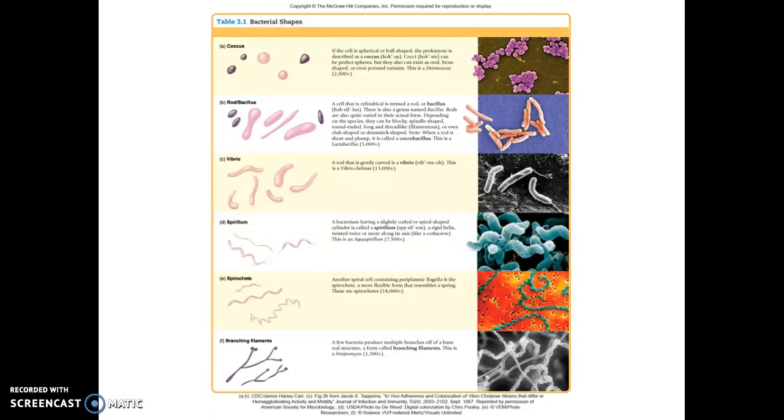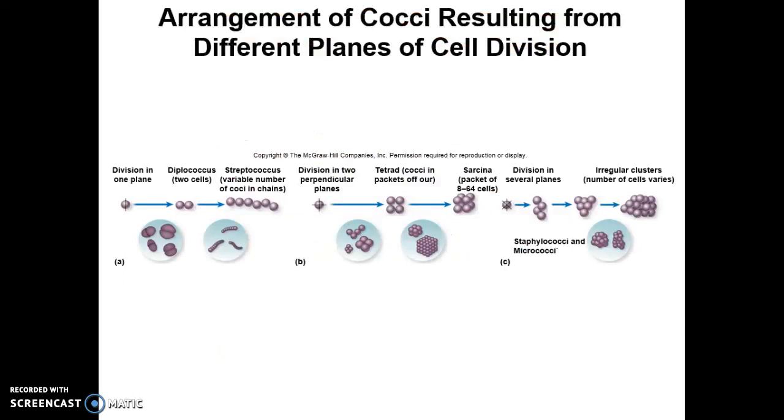All right, then looking at arrangement, and I believe that this will be the last slide for this section. The arrangement is different than the shape. You have the shape of the bacteria cell, but then how does that individual cell, whether it be a cocci or a bacillus, interact with its neighbors?